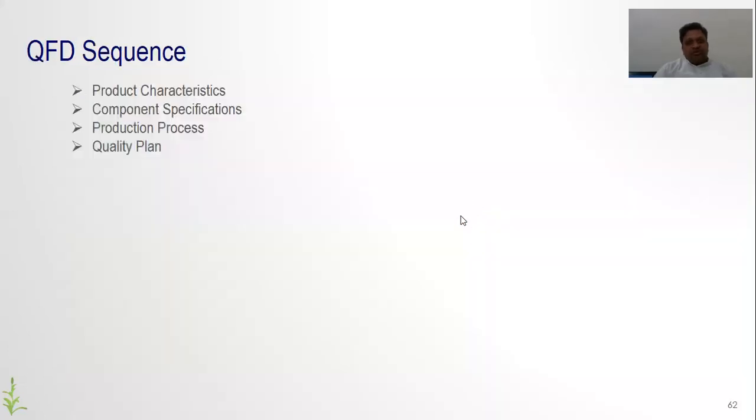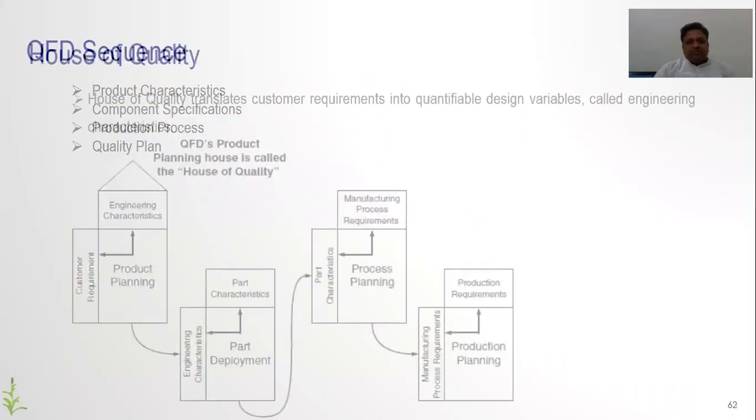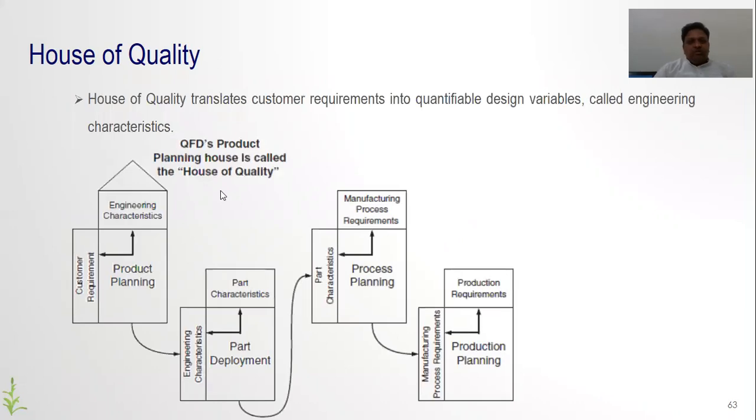So the QFD sequence is product characteristics, component specification, product process, and quality plan. So how are the things flowing? The house of quality translates customer requirements into quantifiable design variables, then called engineering characteristics. So here engineering characteristics versus customer requirements is product planning.